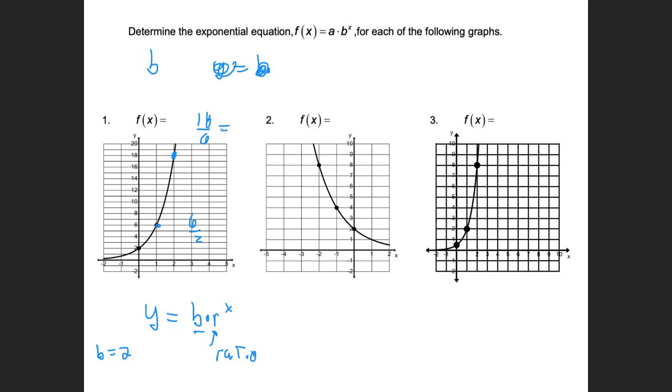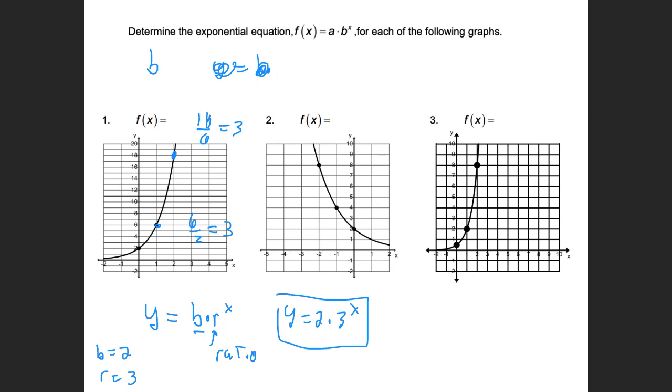What is 18 over 6? 3. What is 6 over 2? 3. That's my ratio. That's how fast it's going up. So now, that's how easy it is to write an equation. Y is equal to 2 times 3 to the x. Boom, done. Yeah, that's it. It has to only be 1 unit apart, correct.